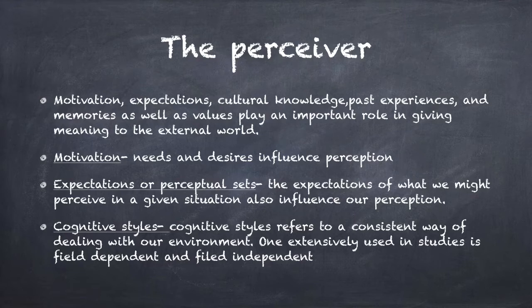So the first one is motivation. The needs and desires of a perceiver strongly influence her or his perception. People want to fulfill their needs and desires through various means. One way to do this is to perceive objects in a picture as something that will satisfy their need. Experiments were conducted to examine the influence of hunger on perception.